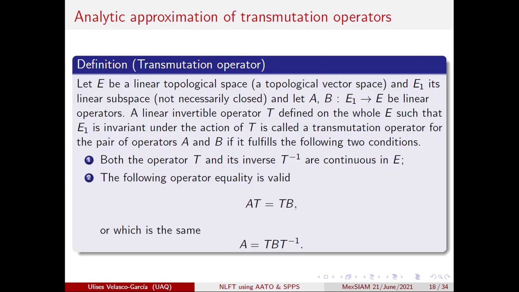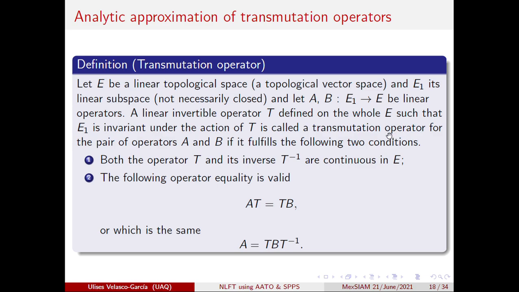So once we have a classical Sturm-Liouville equation, we can apply a transmutation operator, which is actually an operator. This is the definition of a transmutation operator, where T is an invertible operator defined on a topological space.